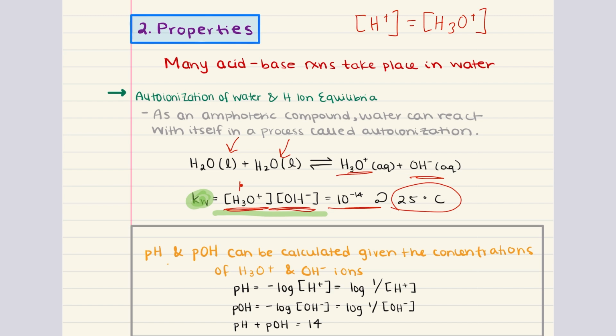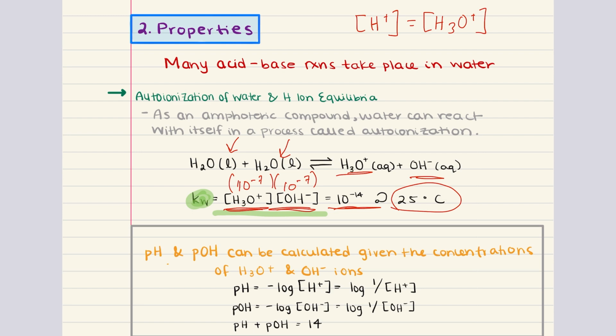If they're both 10 to the minus 7 molar, then their multiplication gives rise to 10 to the minus 14. Now, again, as a reminder, the equilibrium constant for the water dissociation is 10 to the minus 14 at 25 degrees Celsius. So unless the temperature of the water is changed, the value for Kw cannot be changed.